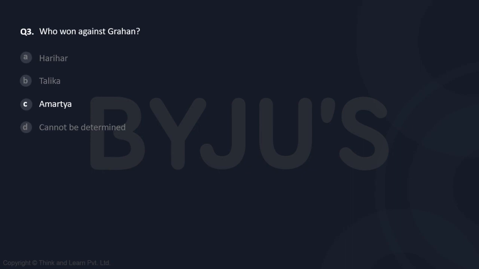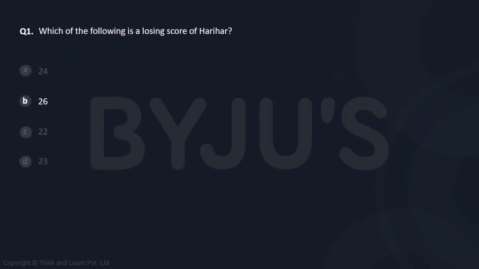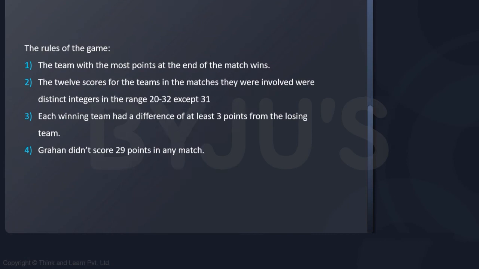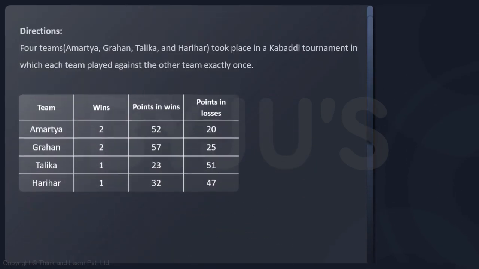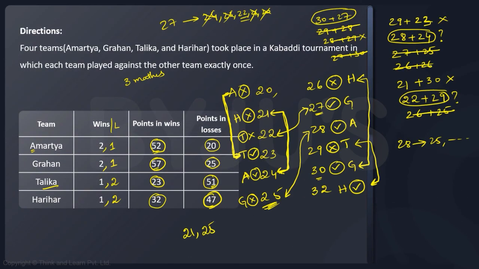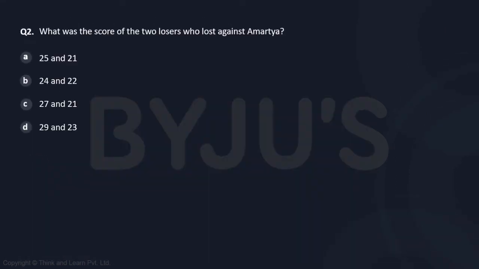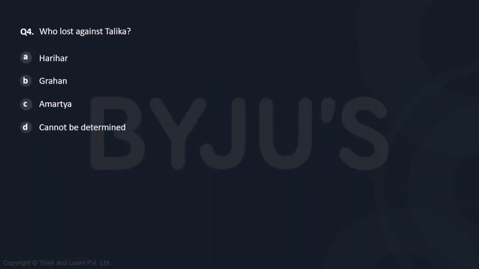So the third answer should be Amartya, option C. Who lost against Talika? Talika won only one game, and Talika won against A. So again, Talika is winning against this person A. A lost. So who lost against Talika? Clearly it is A, Amartya again.